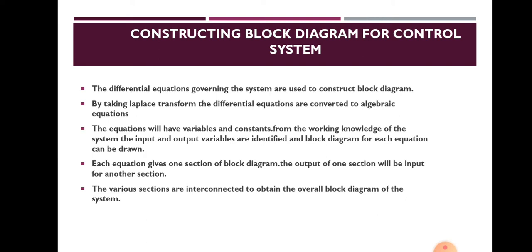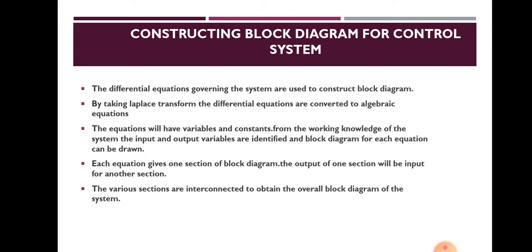Next is constructing a block diagram for a control system. A control system can be represented diagrammatically by a block diagram, and the differential equations governing the system are used to construct it. First of all, we write the differential equation of the system and take the Laplace transform of that differential equation.